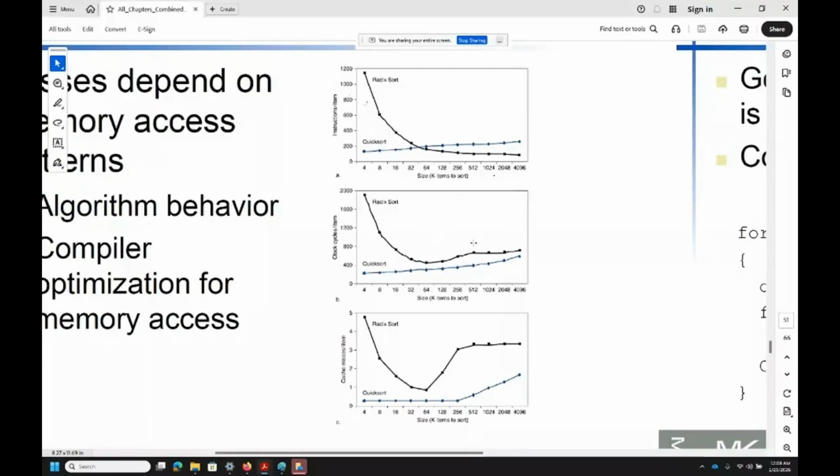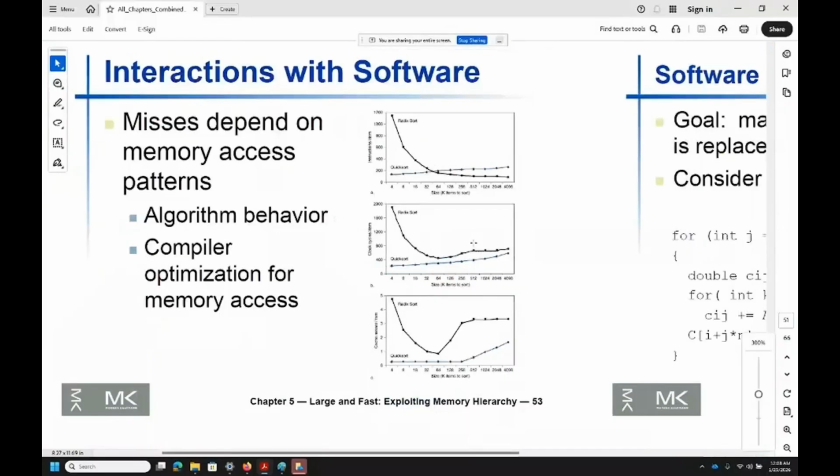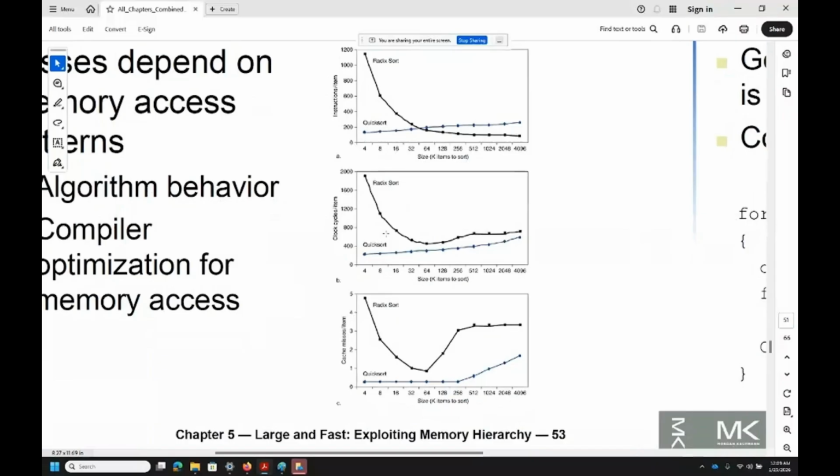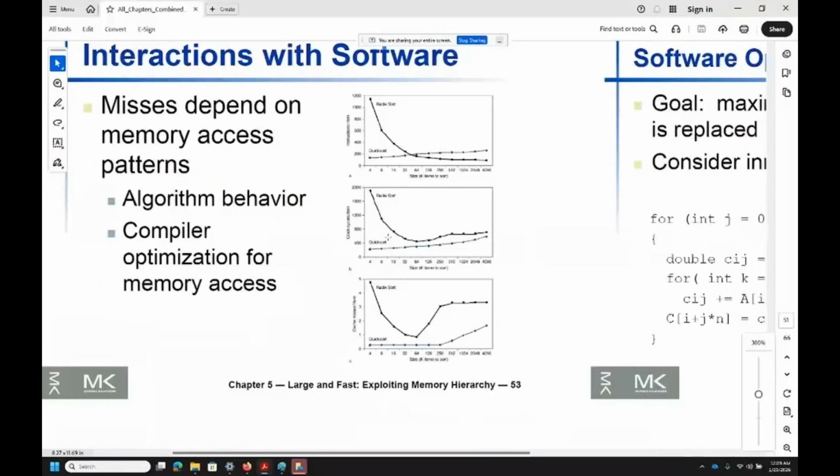Here we have instructions per item, which is the number of CPU assembly instructions per item of data access. Here we have clock cycles per item, and here are the cache misses per item. For quicksort, cache misses start increasing, and radix sort also increases, but ultimately, clock cycle wise, radix beats out quicksort for a very large number of items.